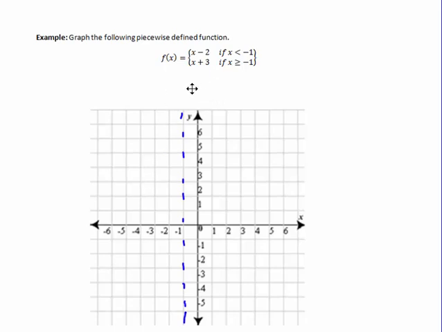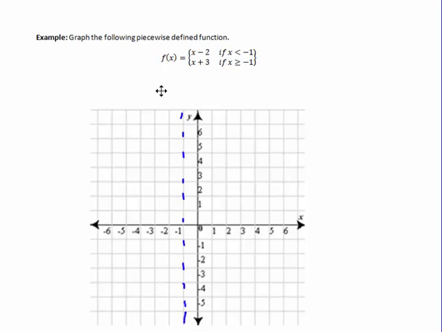The second step is to determine which expression belongs to each piece of the graph. So here, I have basically karate chopped this thing into two pieces. This graph now has a left side and it has a right side.